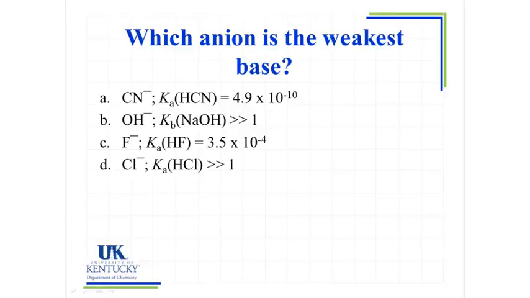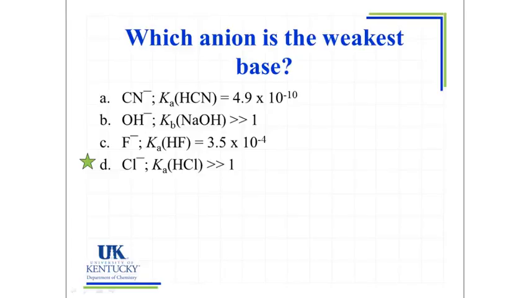Let's look at an example to determine which anion is the weakest base. Here we're given 4 anions and we're given 4 K values, but note that we have 3 Ka values and 1 Kb value. For our answer, we actually get something that's such a weak base that it's in fact considered neutral. When we look at this, what we want to look for is the substance that is the strongest conjugate acid because we want to find the weakest base.